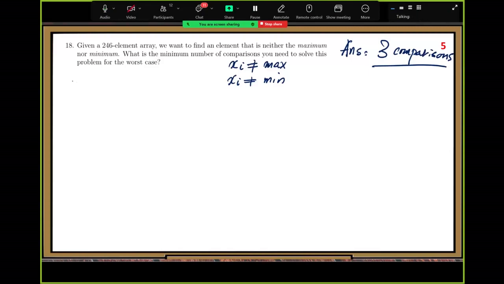Okay. So those students, if you find the max first, you need 245, right? Then you find the minimum. Then some more. Some students may try to improve by finding both maximum and minimum together.